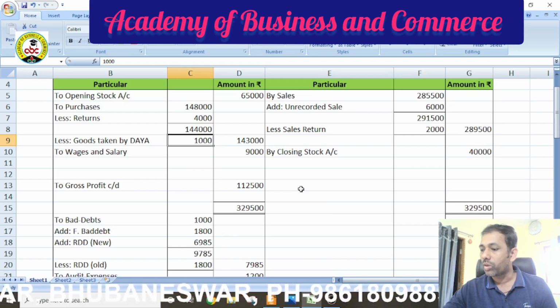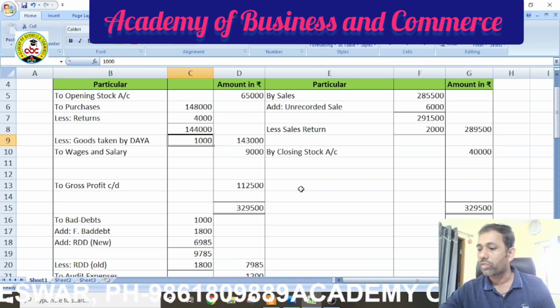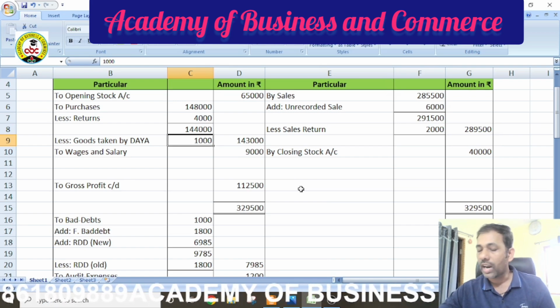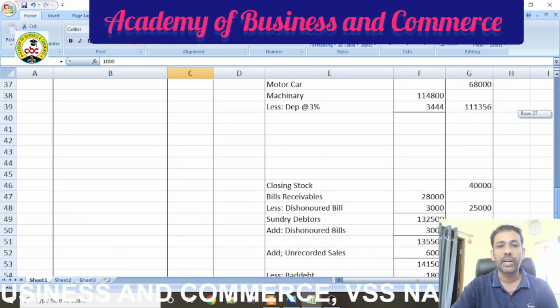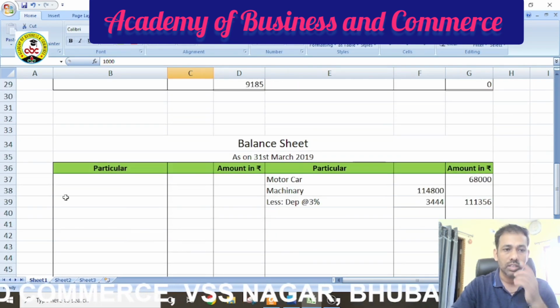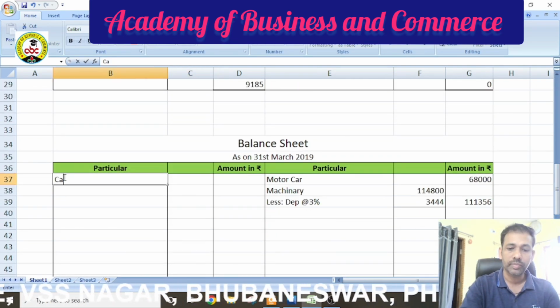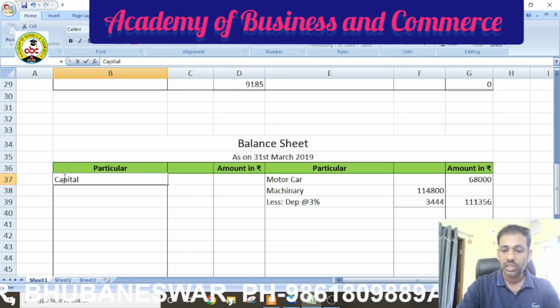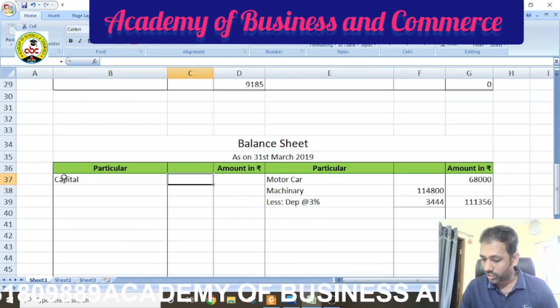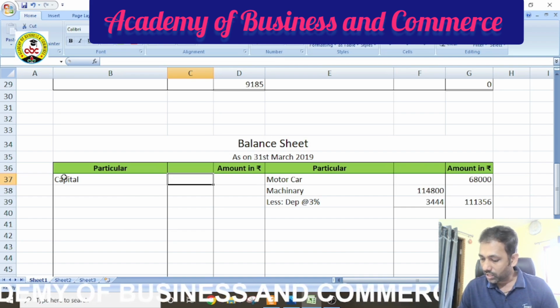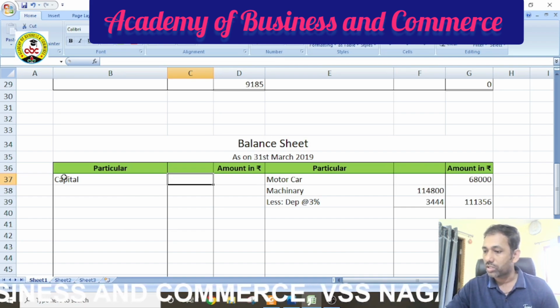This is one thing, 1,000 you have to deduct from the purchase, and that same item also you have to deduct from the capital in the balance sheet. Here you have to take the total capital. Capital is given in the question. You have to search, capital must be in the credit side there. Capital is 1,60,000.